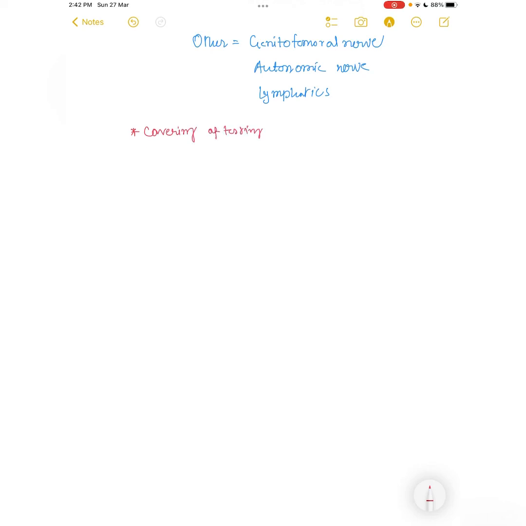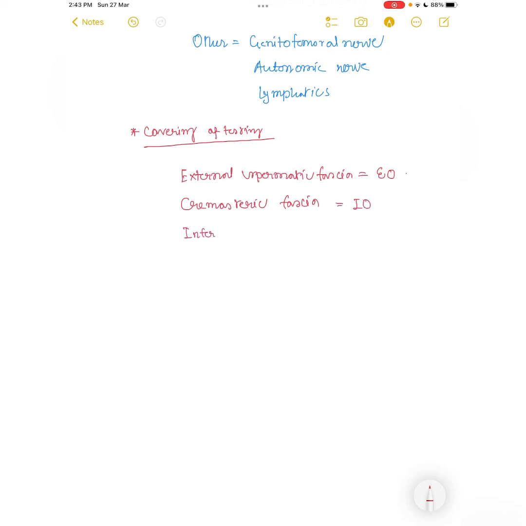So I will simply say the external spermatic fascia, as simple as this, is by the external oblique. In the middle is the cremasteric fascia, by the internal oblique.